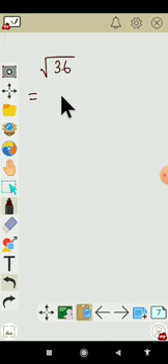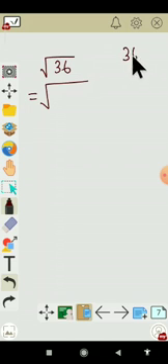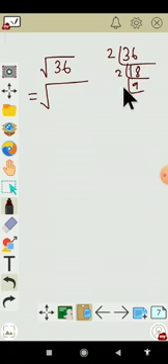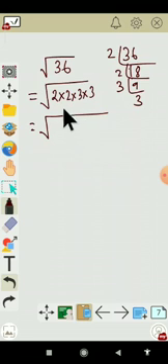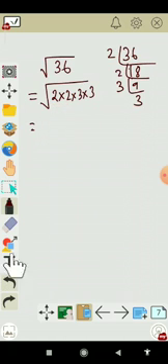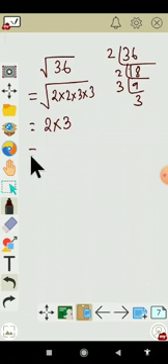Similarly we will do 36. Factorize this one. We are getting 2 into 2, 3 into 3. For these 2 we will get 2 only, and for these 3 we will get 3 only, so 6. Now 64.